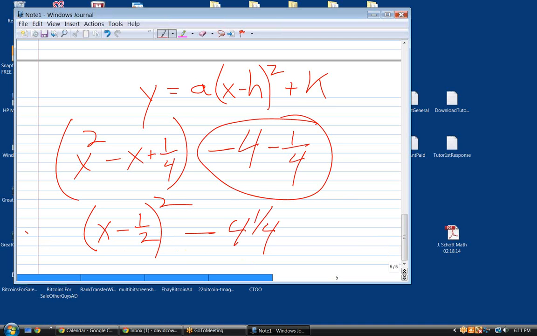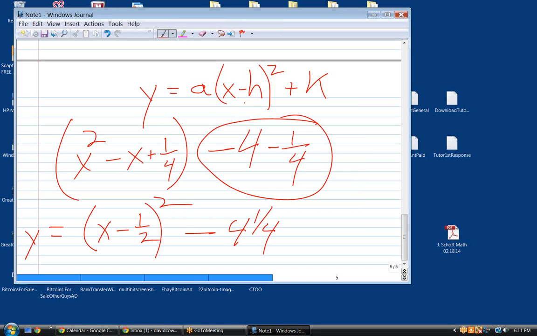Well, now I've got it in vertex format. a is 1. The vertex is at where? Vertex, let's see, will be at negative 1/2. No, wait, negative 1/4. No. h is the first coordinate of the vertex. Well, what is h here? It's not negative 1/2.